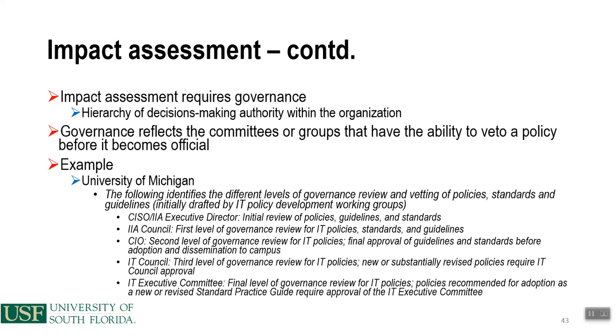So the CISO/IIA Executive Director, initial review of policy guidelines and standards. IIA Council is first level of governance of review for IT policy standards and guidelines, and so on and so forth. So it provides the exact hierarchy for the decision-making authority within the organization in terms of what their responsibilities are.